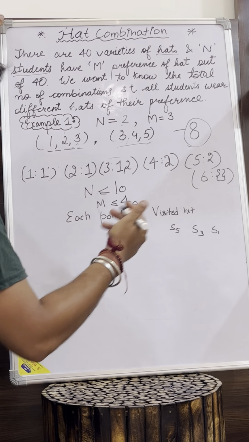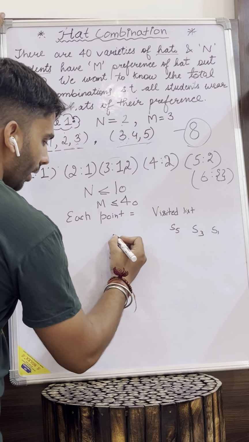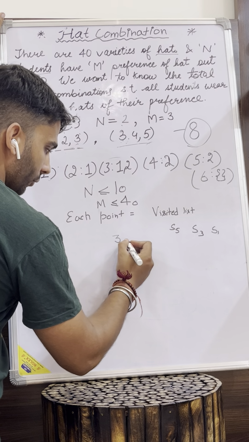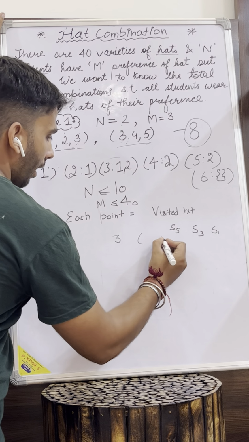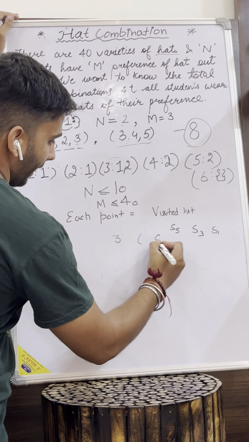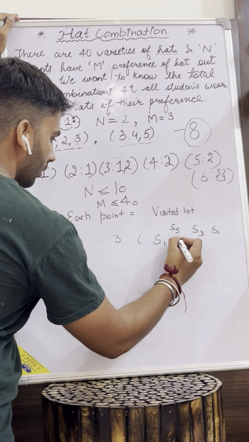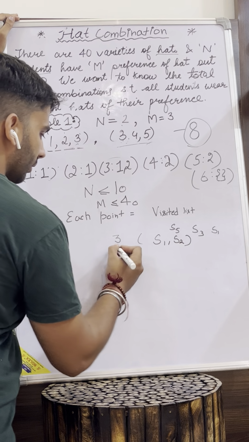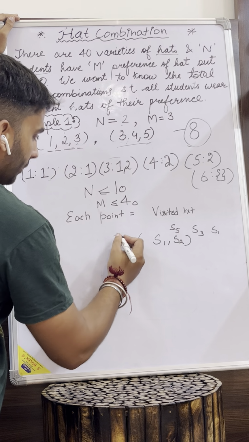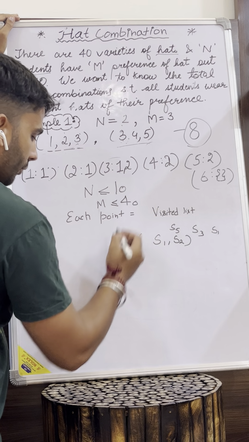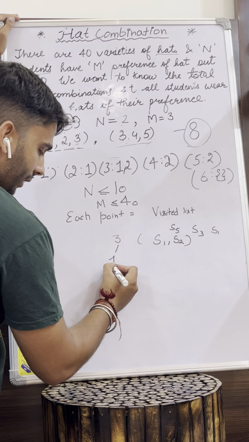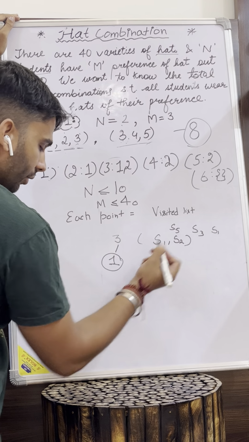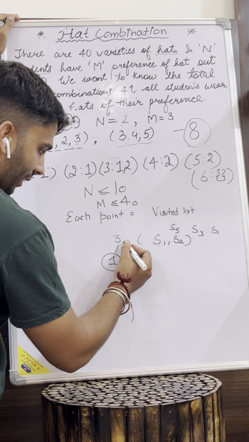That's why, suppose I'm at hat number 3, and here I got to know that S1, S2 is already done. Now at hat number 3 I am iterating through 1 and 2. When I reach 1, I say 1 is already done, so it will not be included in my answer.